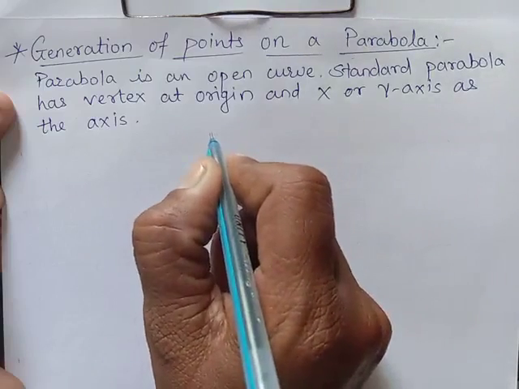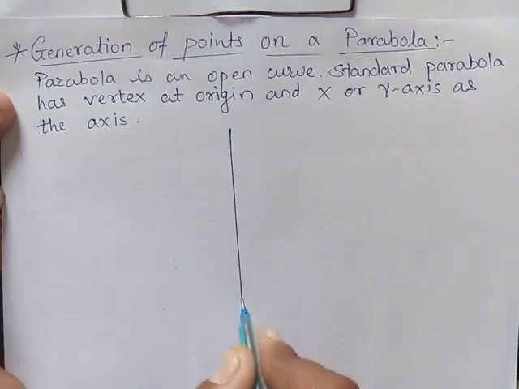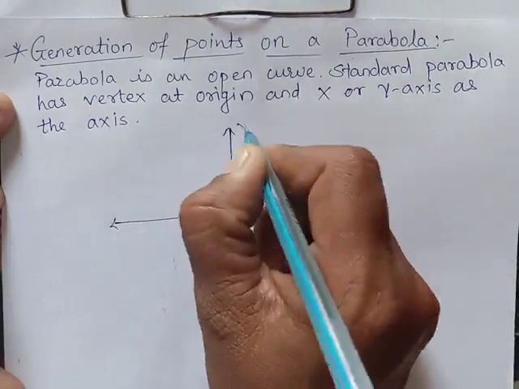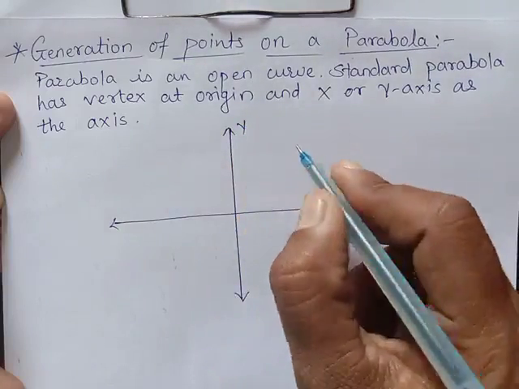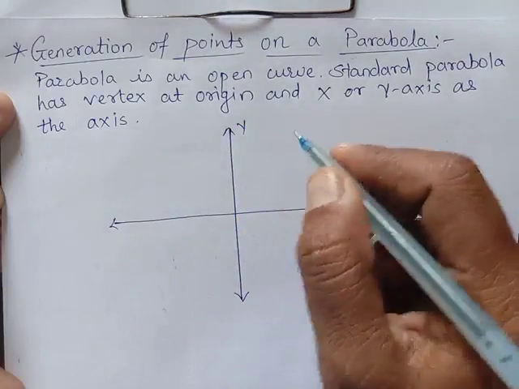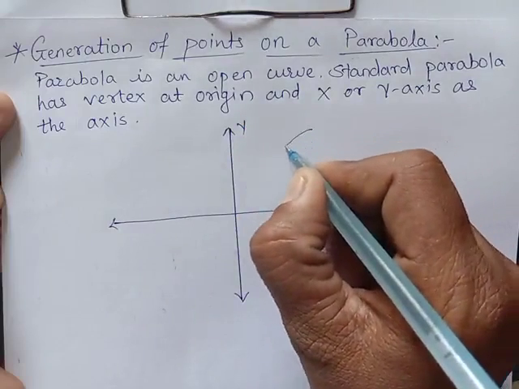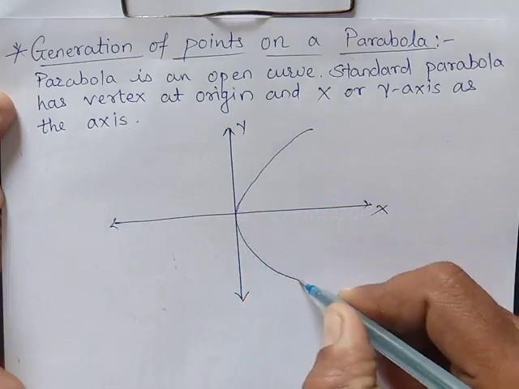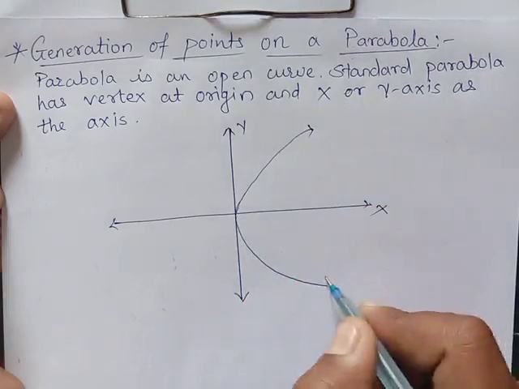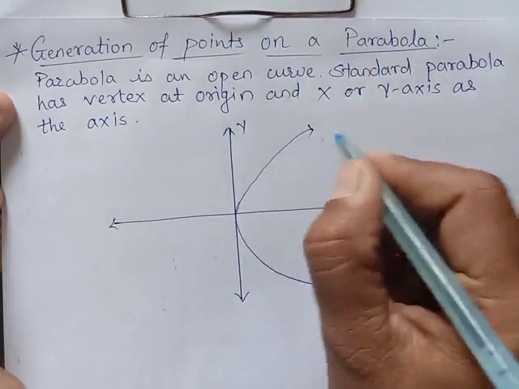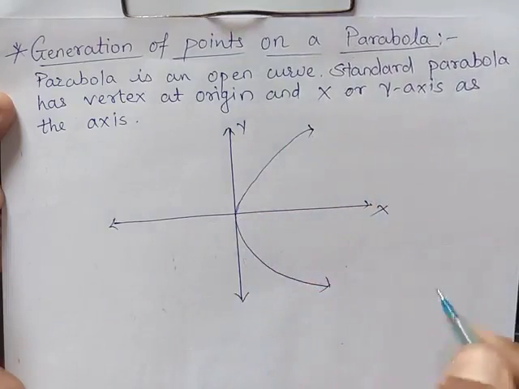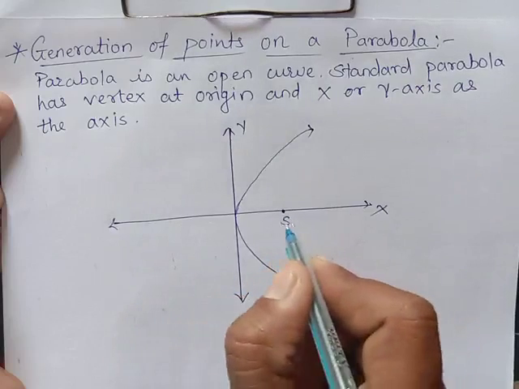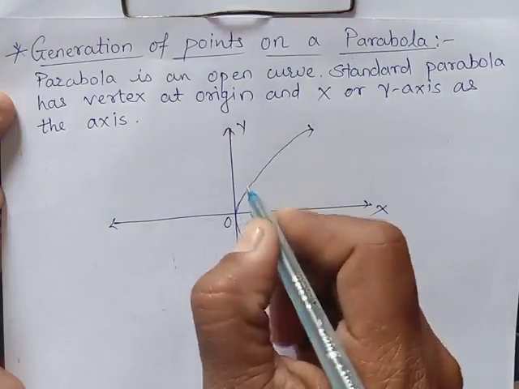Now you know that, suppose this is the x axis, y axis, a two-dimensional system. Suppose this is our parabola. It is going to increase here somewhere. The focus of it, this is the vertex at origin.